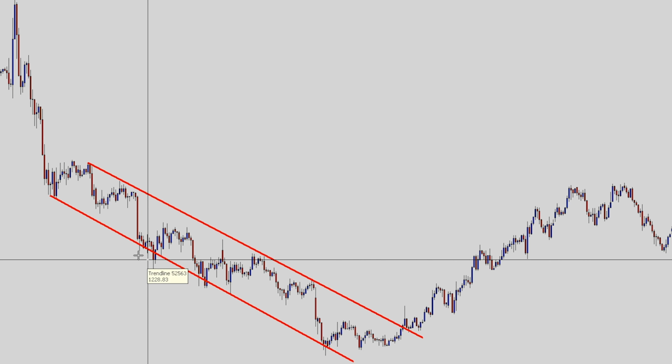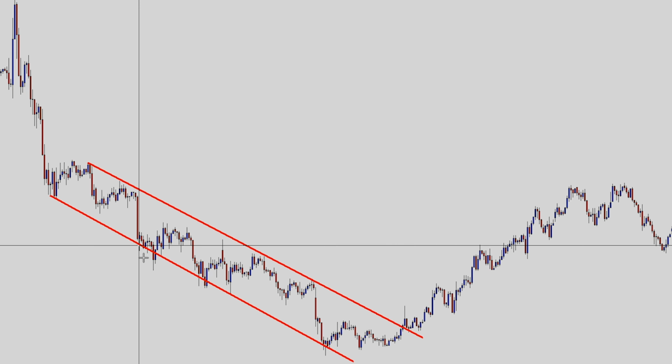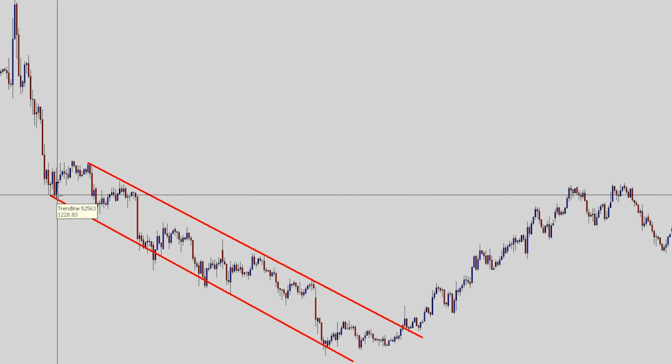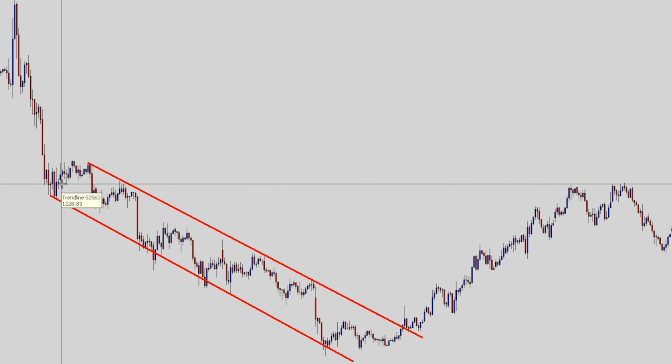Now, you might be wondering, the bottom trend line has broken multiple times. So why did I draw this trend line? Well, it's very simple. The median method. Your aim when using the median method is to draw a trend line that's very clear and that makes sense.